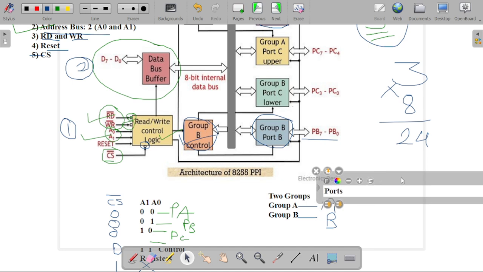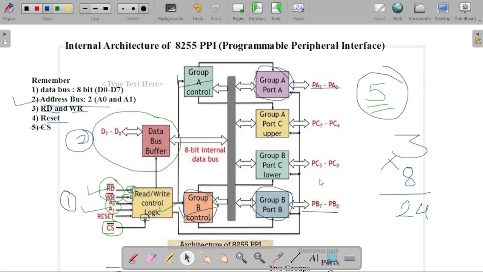Now we are left with our port C. In the port C architecture, we divide port C into two parts. This is our lower part, from PC0 to PC3, and this is our upper part, from PC4 to PC7.